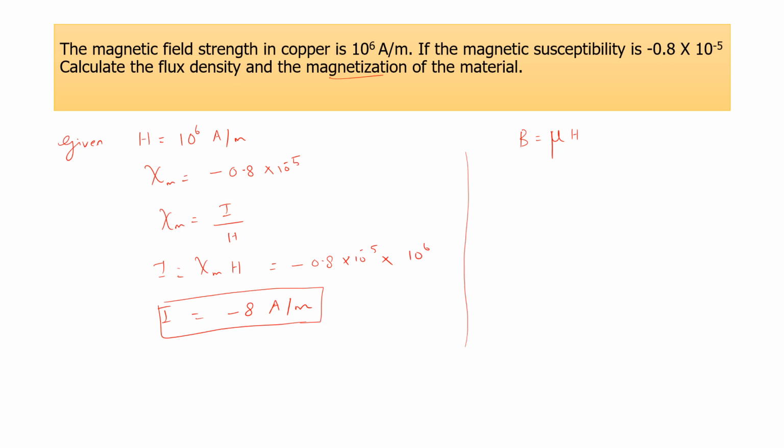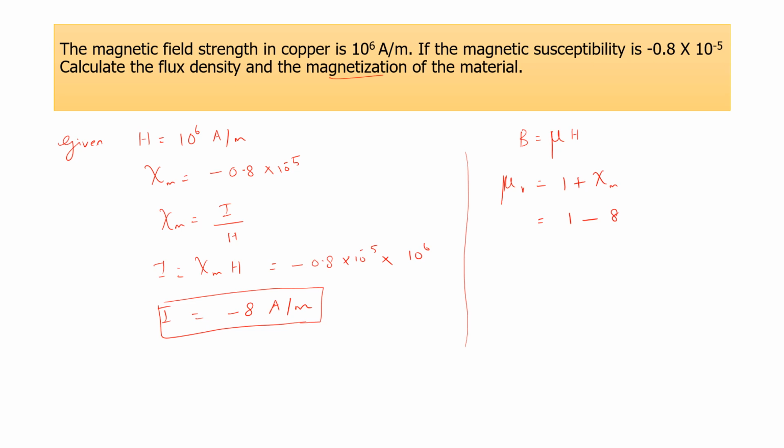So you know the formula for mu r, relative permeability, as mu r is equal to 1 plus chi m. Correct? So 1 minus 8, is the answer correct?